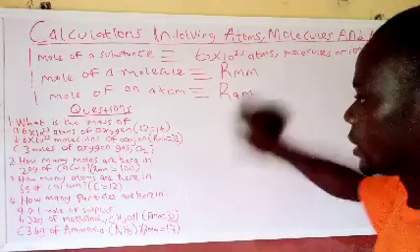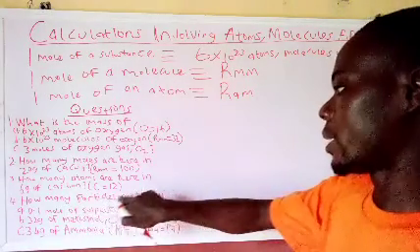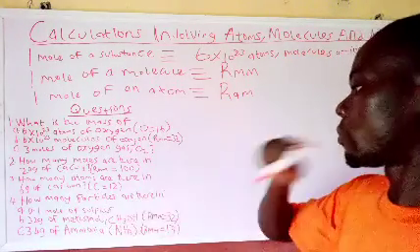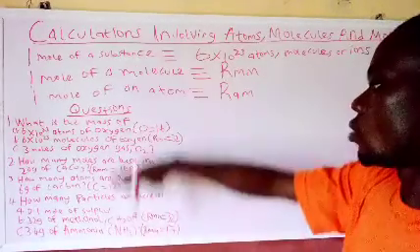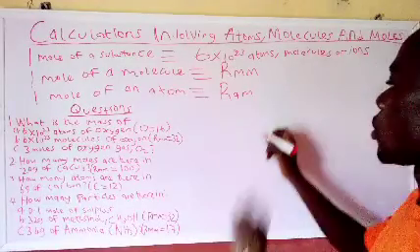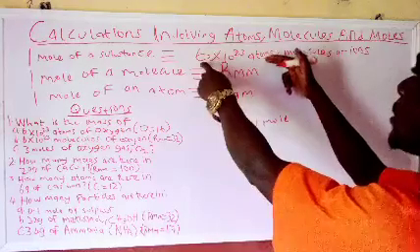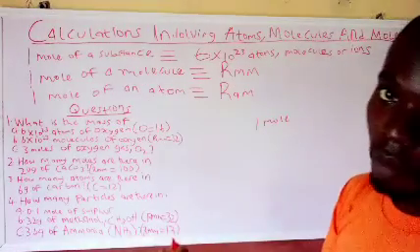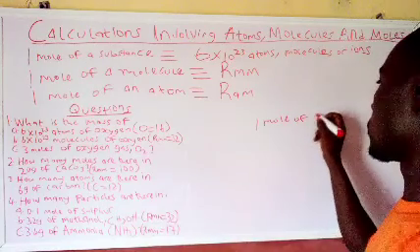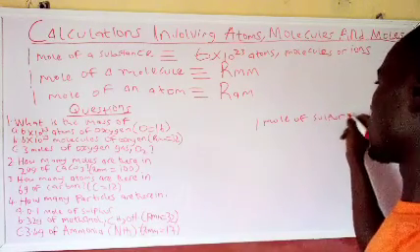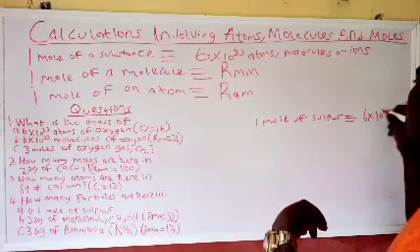The next question is, how many particles are there in 0.1 mole of sulfur? Now look at it. 1 mole of sulfur contains, this thing you can consider by atoms, molecule, or ion. That could be particle. Are you getting it? So 1 mole of sulfur is equivalent to 6 times 10 to the power 23 particles.